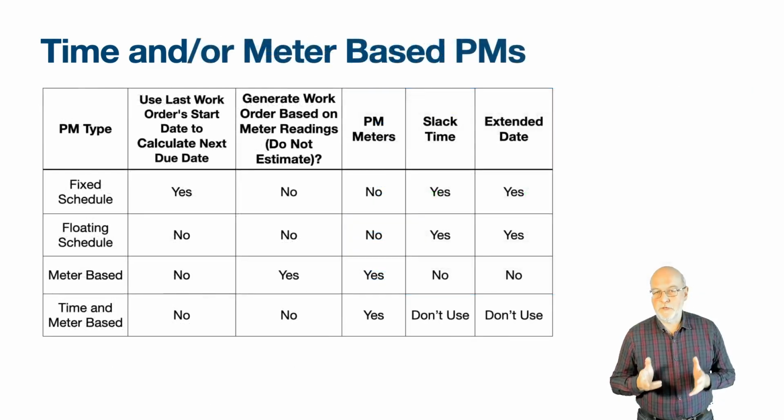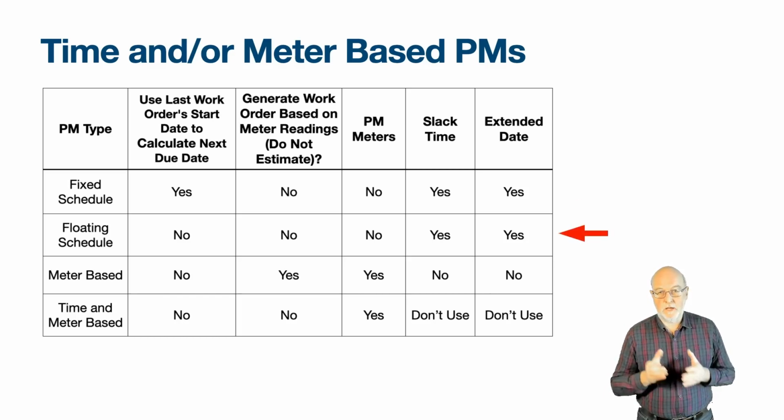When considering the three fields in the work order generation information and the use of time-based and meter-based frequencies, then my recommendations would be as follows. Fixed schedule PMs are time-based and use the last start date field, and they have no PM meter records.